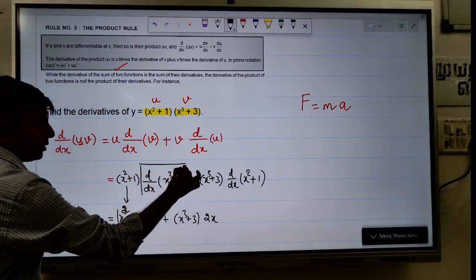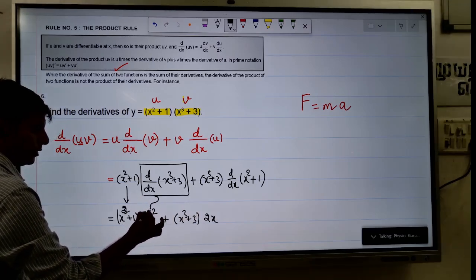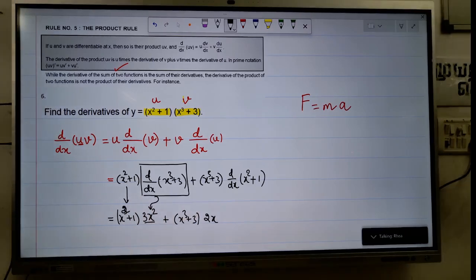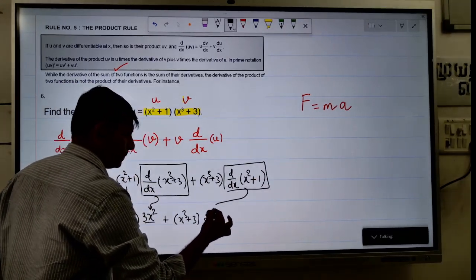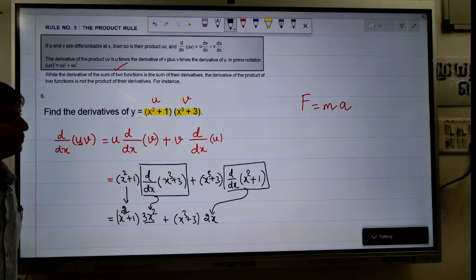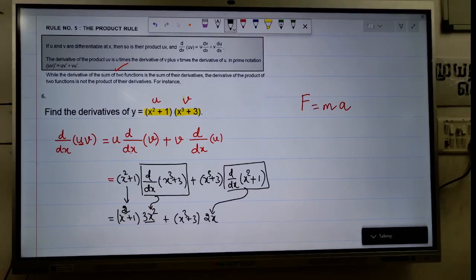This one. This part. This here. Got it? And this part is here. Noted?